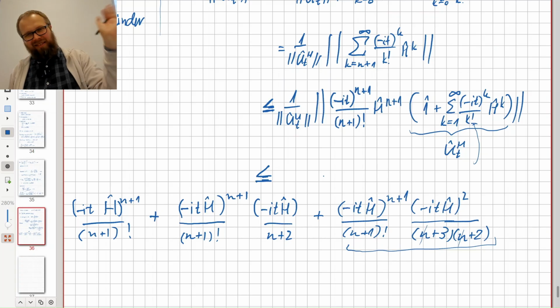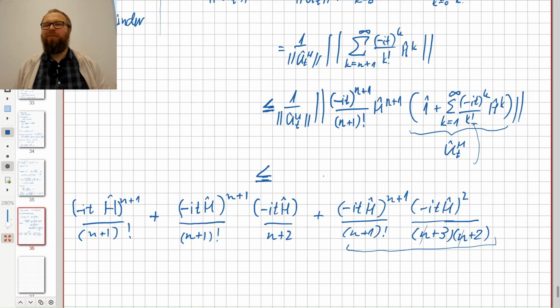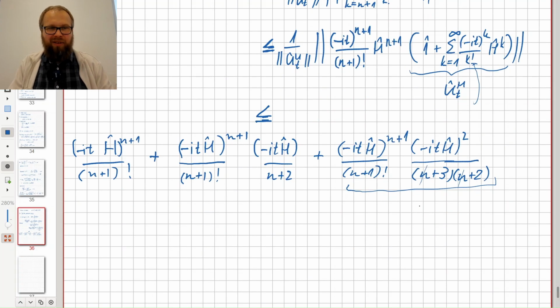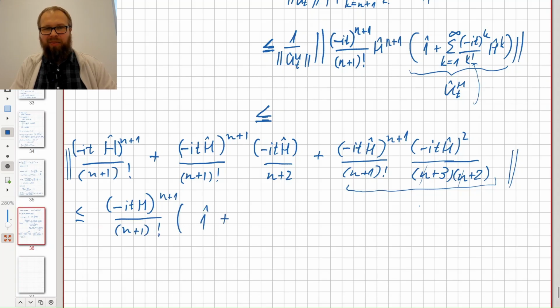Okay, we can fix it. We can fix it by doing this. So we are here. Okay, we can now from above pull out this guy and the factorial 1 plus.